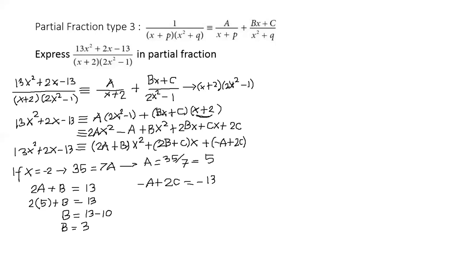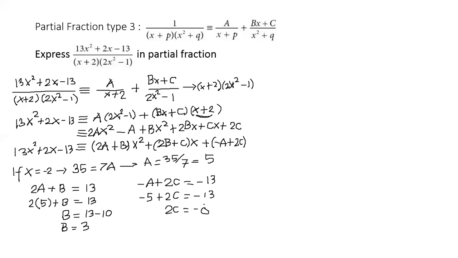A is 5, so negative 5 plus 2c equals negative 13. 2c equals negative 13 plus 5, negative 8.